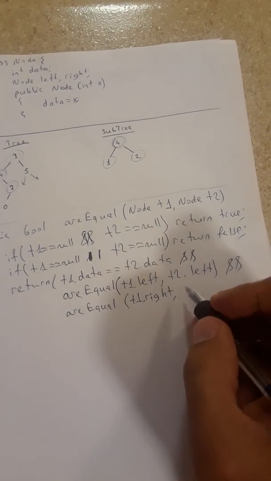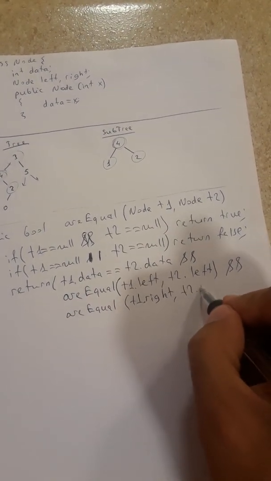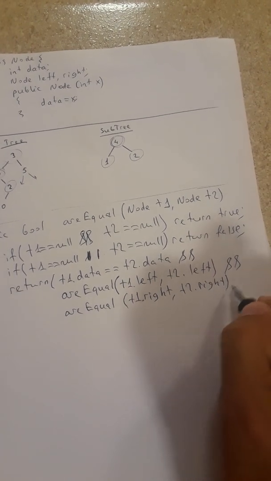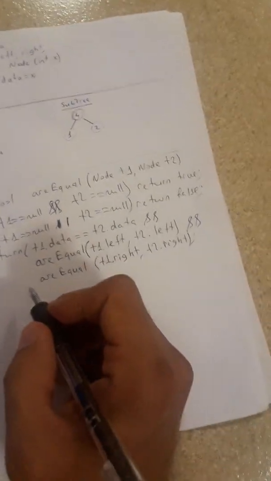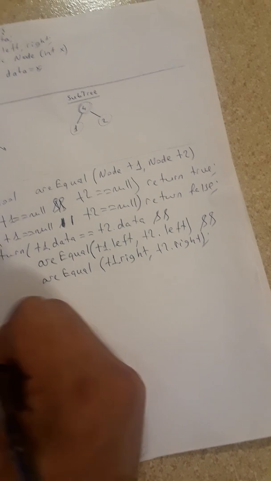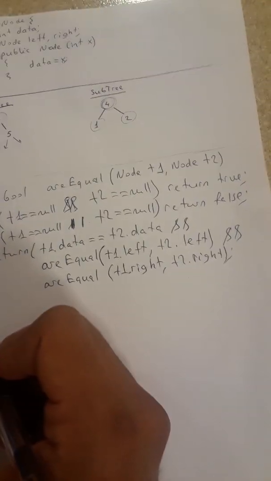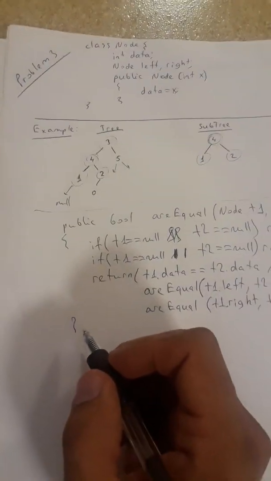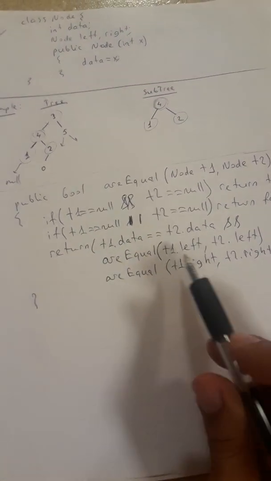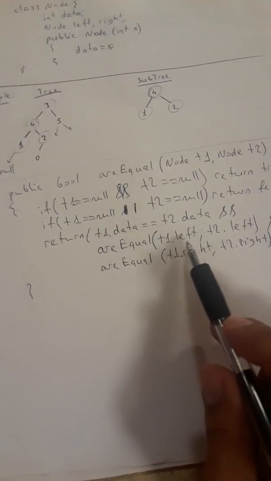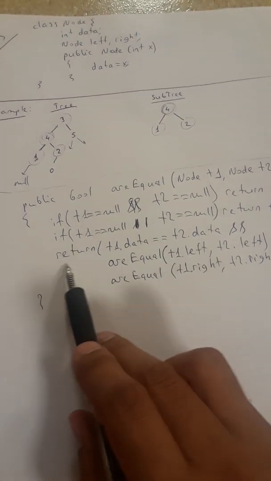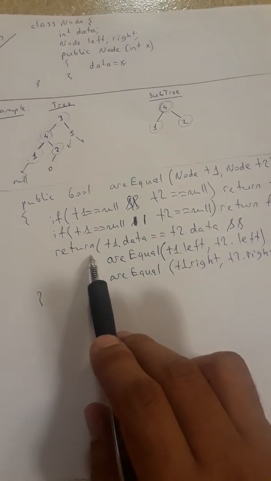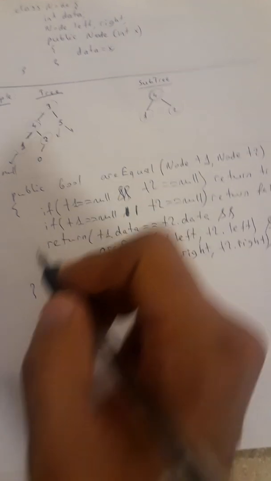So t1 right and t2 right. So just in case all children return true, I will return true for this function.